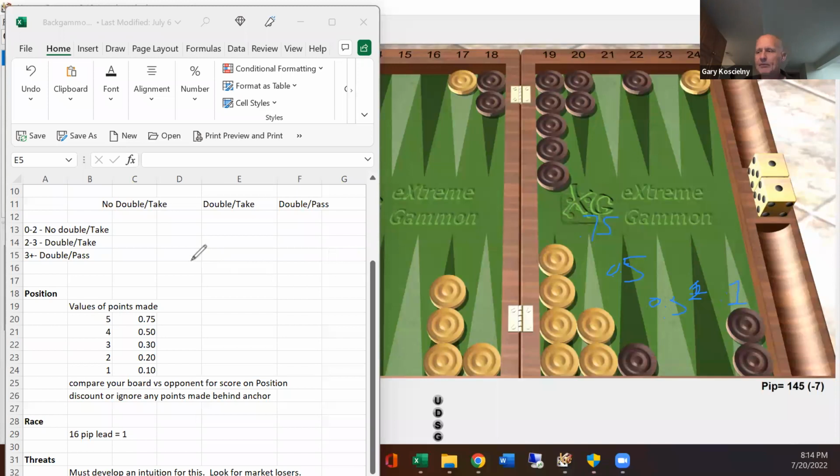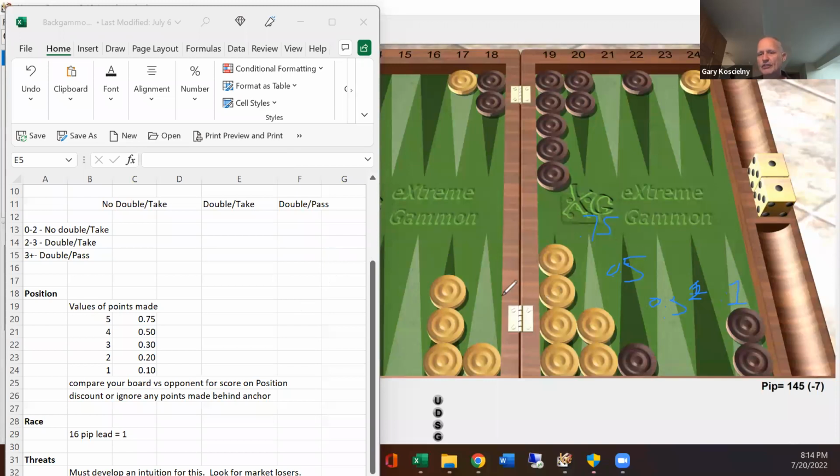Now we're going to cap these at 1. So if you had the 5 and the 4 point, we would get 0.75, but if our opponent didn't have any value to his board, we would cap it at 1 in this counting system. Okay, so that's position, and that's fairly simple to do.